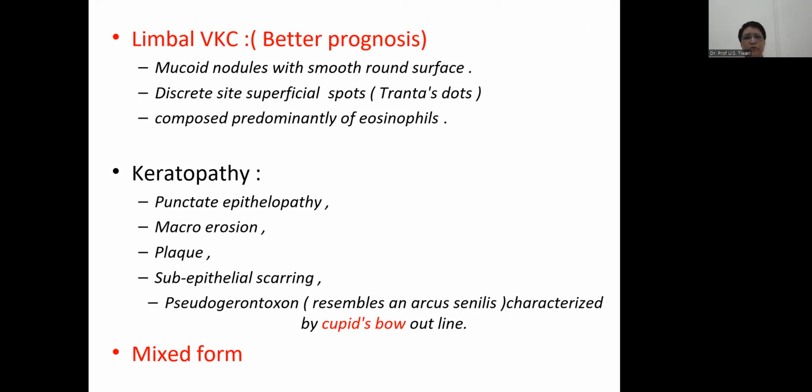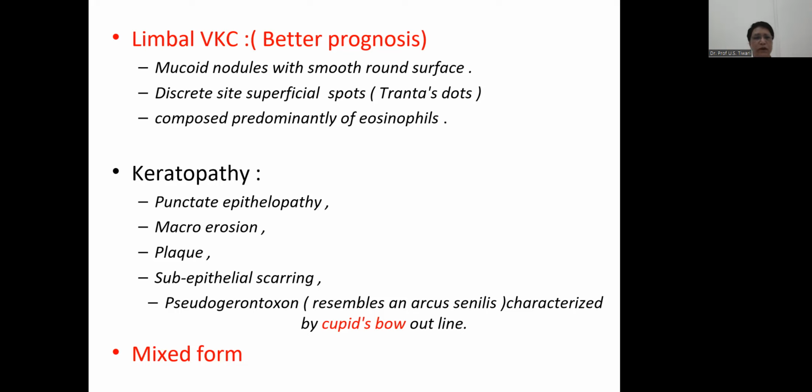There are mucoid nodules with a smooth round surface. Discrete superficial spots, they are called the Trantas dots actually, and they are composed predominantly of eosinophils. There can occur keratopathy following the limbal VKC or even otherwise.